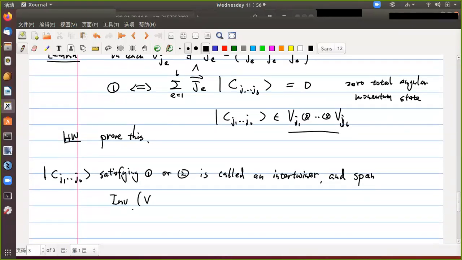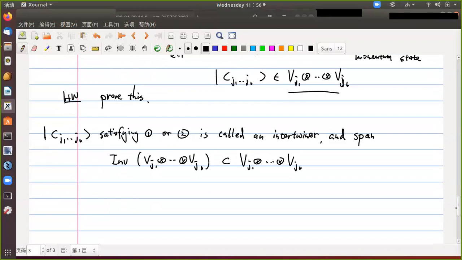The subspace is what we call the invariant tensor space, Inv of V_j1 tensor up to V_j6. This is a subspace of V_j1 tensor up to V_j6, and this is what we call the space of intertwiners.